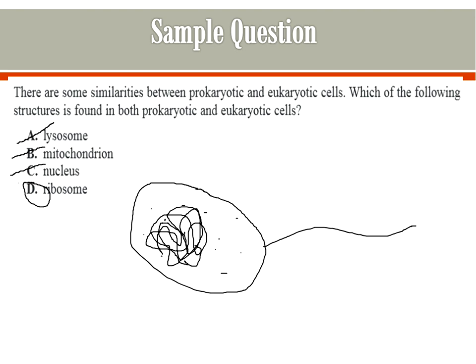So they do have the cell membrane in common, they have DNA in common, and they also have ribosomes in common. That's really it. Everything else prokaryotic cells do not have. So your answer is ribosomes, found in both prokaryotic and eukaryotic cells. So good job for the 4 who got that one.